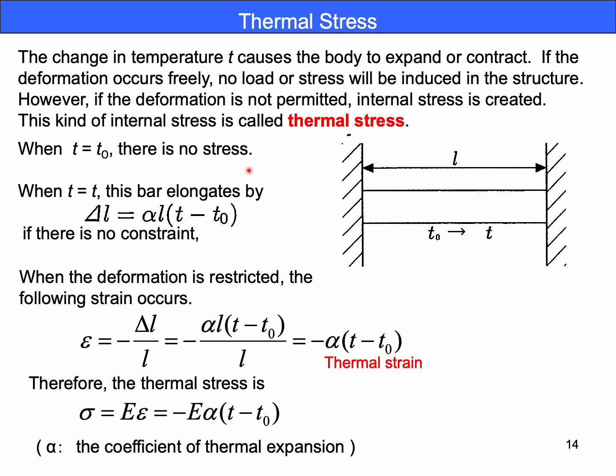This amount of force per unit area is the thermal stress. In this case, the initial strain related to shortening the bar is negative. The thermal stress that exists in the bar to keep the length unchanged is obtained as this, and you have to multiply Young's modulus with the strain, so you obtain this.